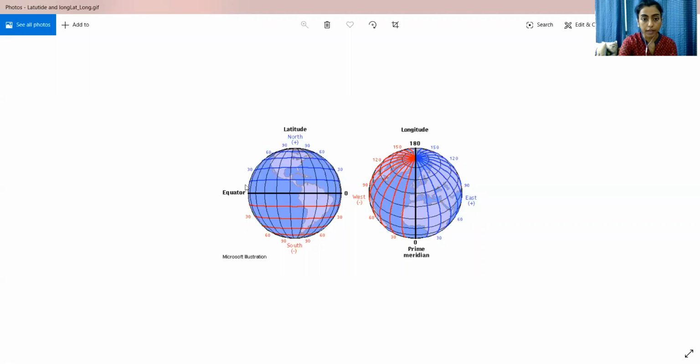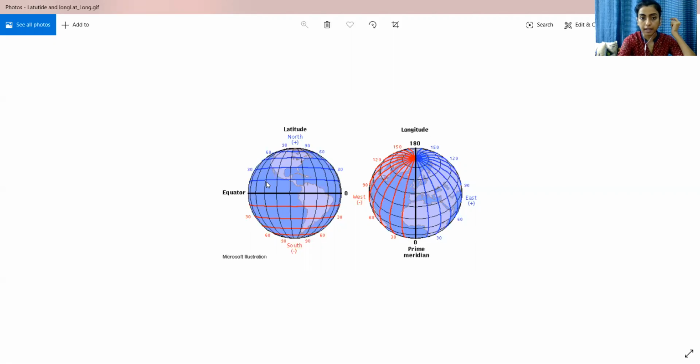Now, can you see these lines are getting smaller towards the poles? These are not equal, the length is not the same. So that is why the distance between the east and the west is smaller than the north and the south. The longitude lengths are the same, it's not getting smaller.